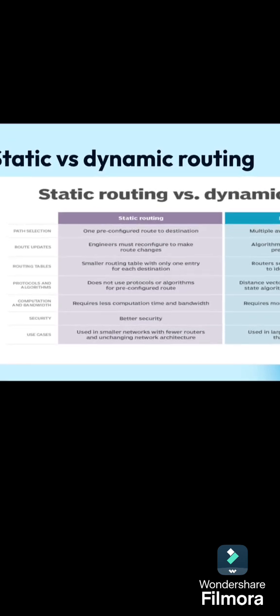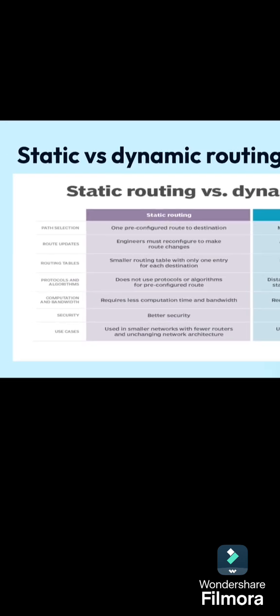According to path selection, in static routing there is one pre-configured route to the destination, and in dynamic routing there are multiple available routes to the destination. There are a number of points on which we can differentiate between static and dynamic routing, such as route updates, route tables, protocols and algorithms, computation and bandwidth, security, and use cases.